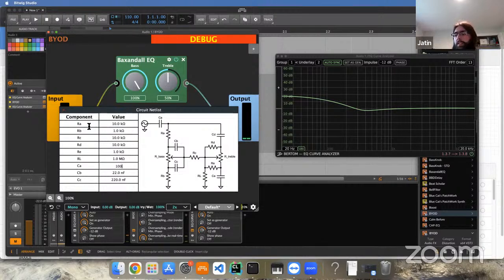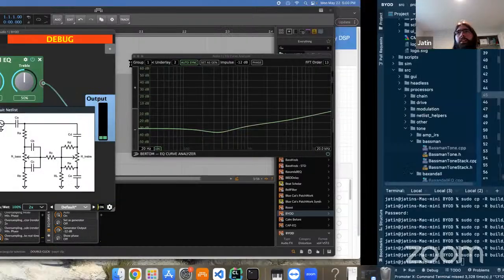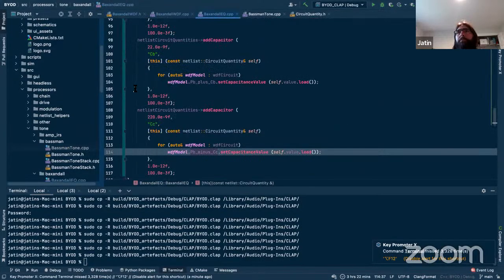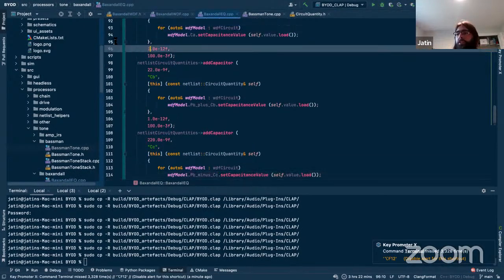Okay, it seems like this is adjusting the low frequency response a bit. So maybe we don't want to let people go that far down. Maybe 100p or 1 nano is a good limit. We'll do 100p. That's fine.